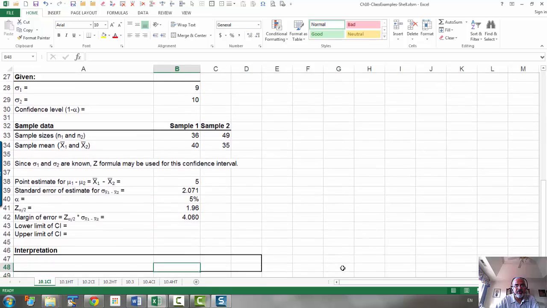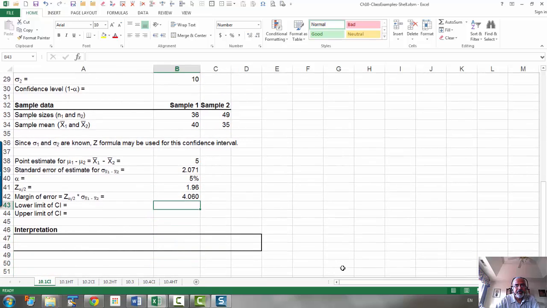That's our margin of error, and then the point estimate of the difference minus the margin of error will give you the lower limit, and the point estimate plus the margin of error will give you the upper limit for the confidence interval. CI stands for confidence interval.